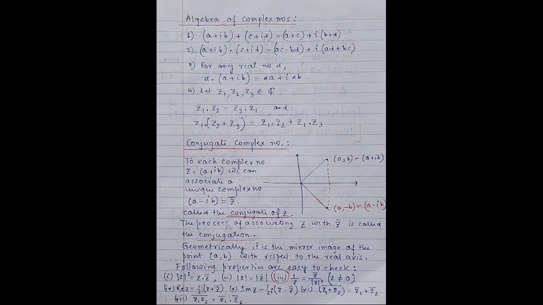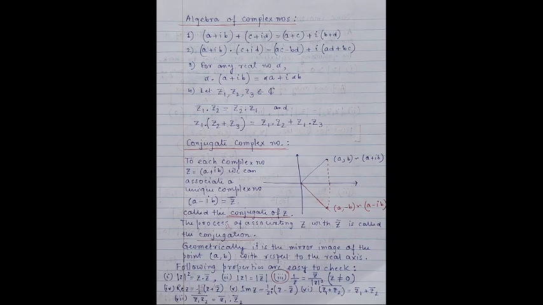Fairly simple. And in the complex number case, you have another thing which was not there in the case of real numbers. That is called the conjugate of a complex number. So if you have a complex number z, say a plus ib, then you can associate another unique complex number.